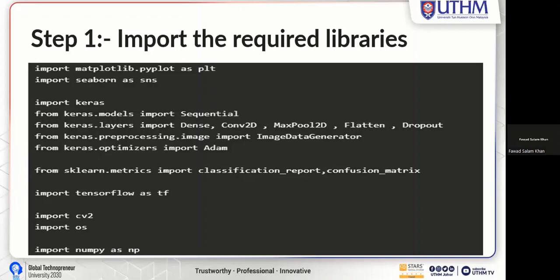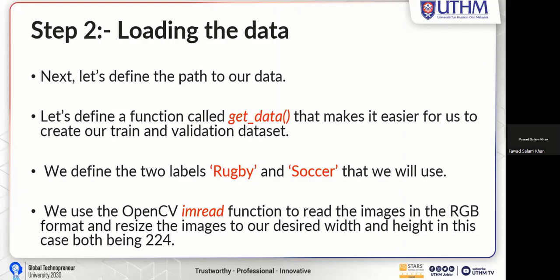Then we import OpenCV here, and then NumPy, which is used for mathematical calculations. The second step is loading the data. Here we are using the rugby and soccer data set.